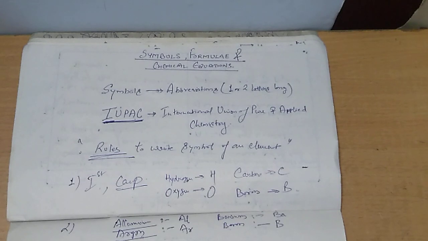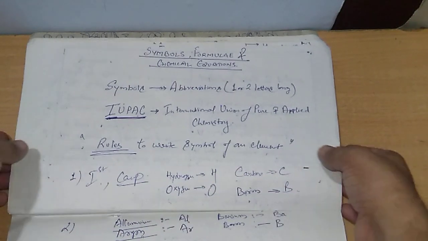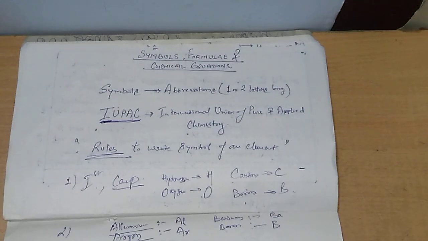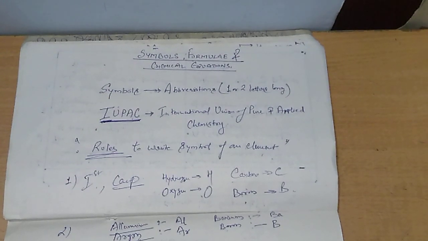Now let us see what rules they keep in their minds while assigning symbols to the elements. Rule number 1 says the symbol would be the first letter, in capitals, of that particular element.